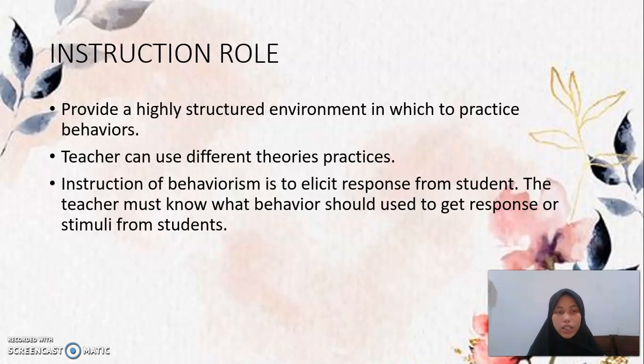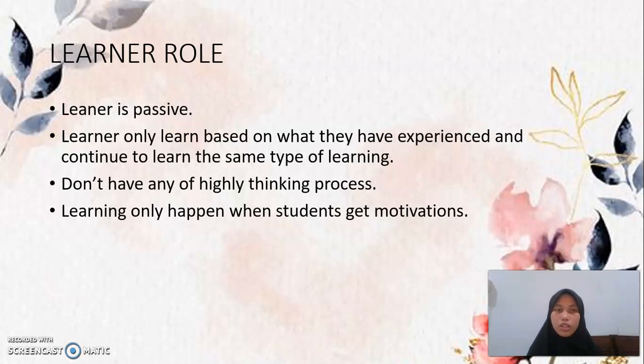Instruction of behavior is to elicit response from students. The teacher must know the exact behavior that they should use to get more response or stimuli from students. Learner rule: learning is passive.